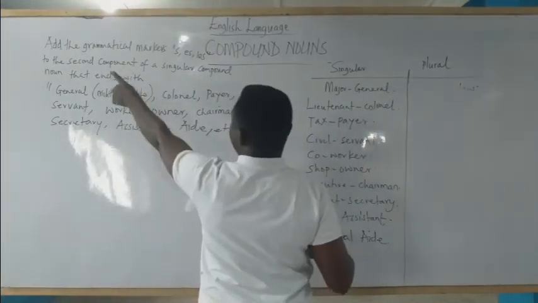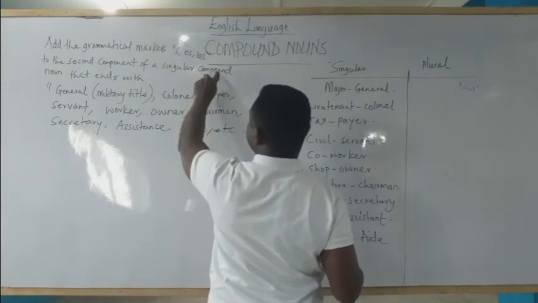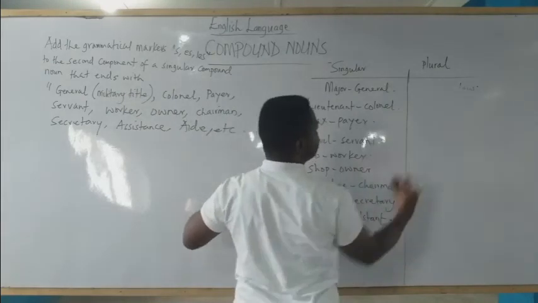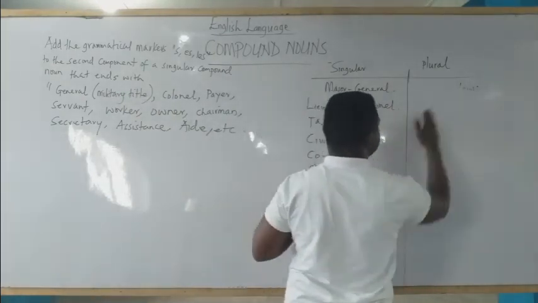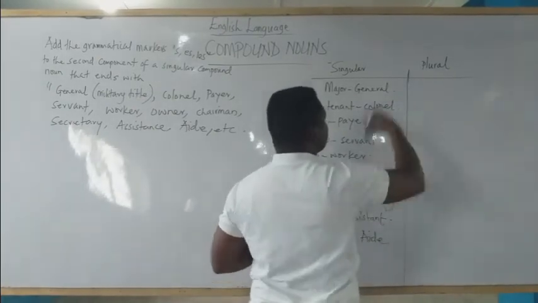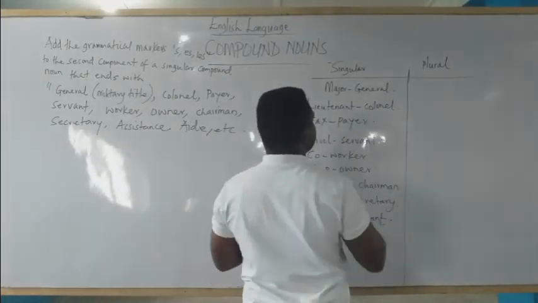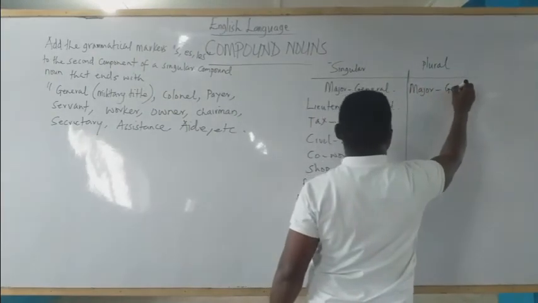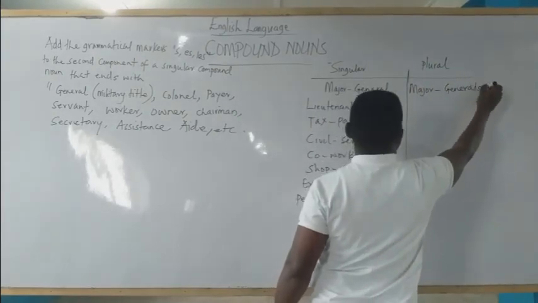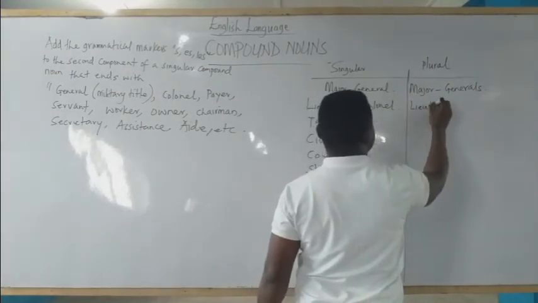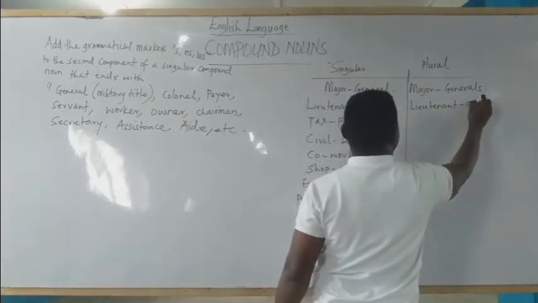Now what's the rule? Add the grammatical markers S, ES, IES to the second component in order to form the plural. So major general will then become major generals. Take note. Lieutenant colonel becomes lieutenant colonels.